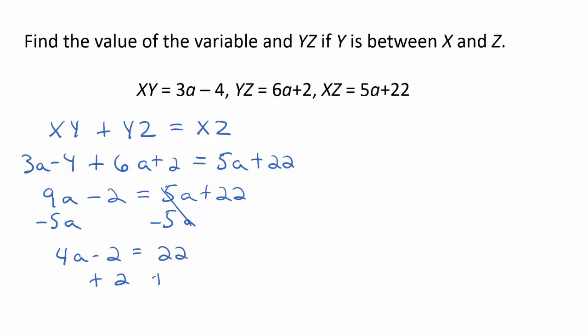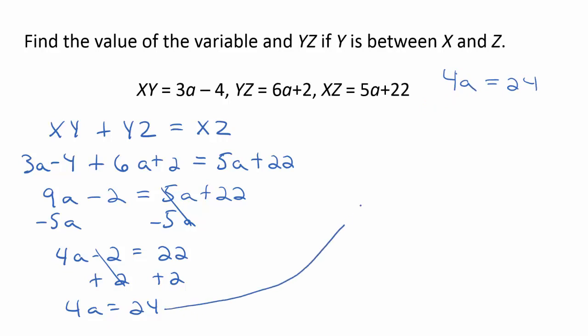Add 2 to both sides. That leaves us with 4A equals 24. I'm going to rewrite that way up here. 4A equals 24. Divide both sides by 4, and A equals 6.